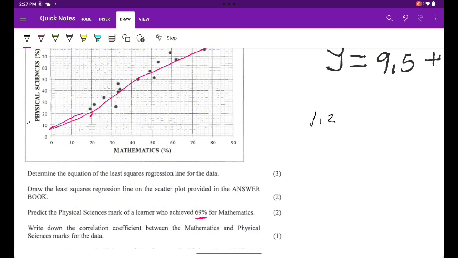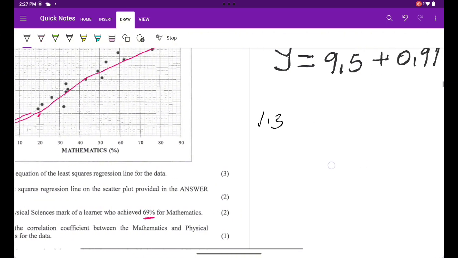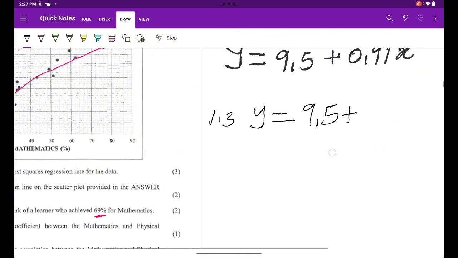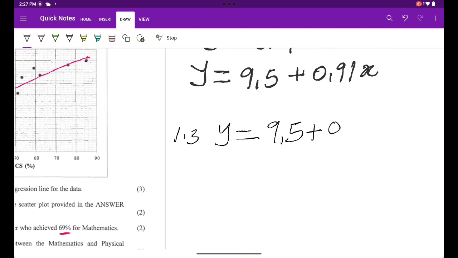This one, it's 1.3. So for 1.3, we just substitute into this equation, so we get y equals 9,5 plus 0,91, and then we substitute the mathematics mark, which is 69%, so we'll just put a 69, right?